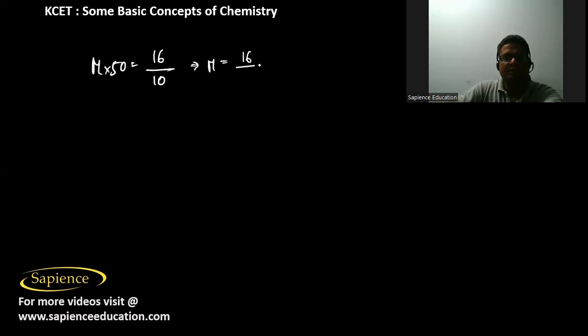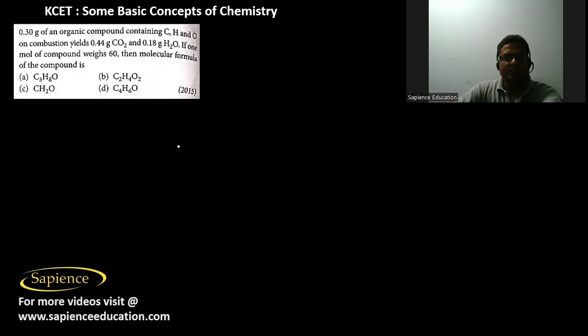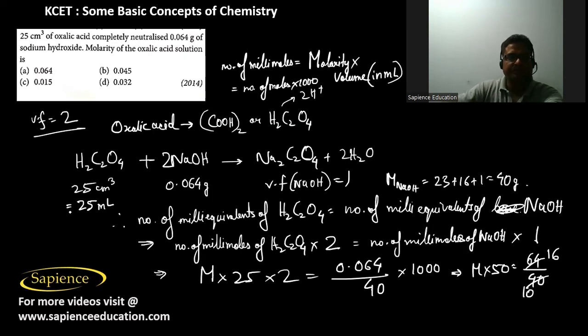Molarity equals 16 by 500. It will be 32 by 1000, so that will be equal to 0.032. So therefore, option D is the correct answer.